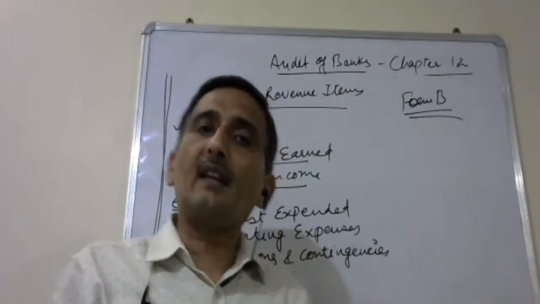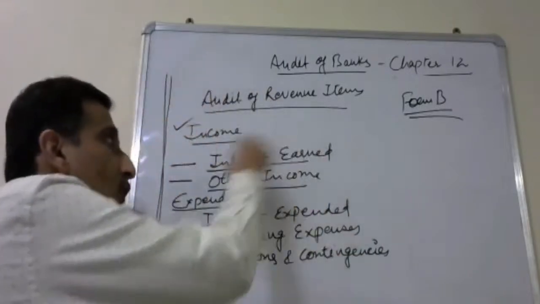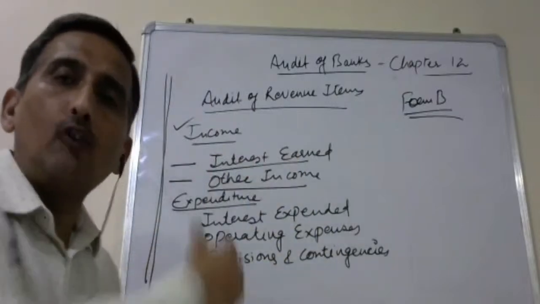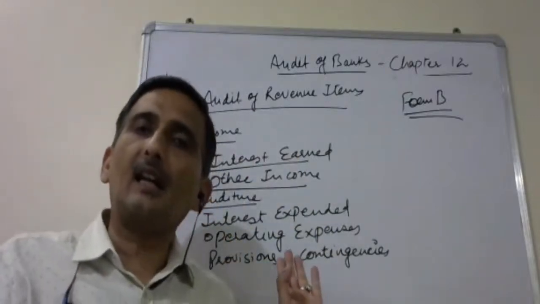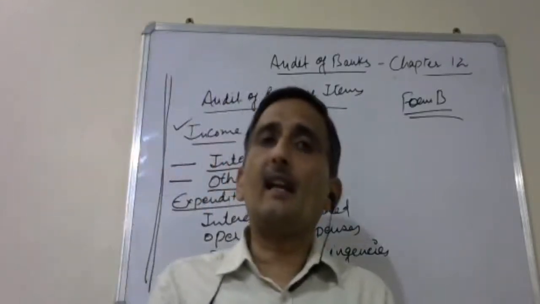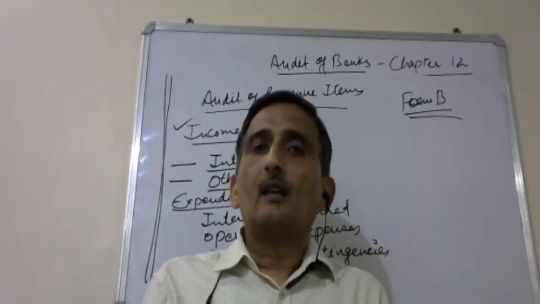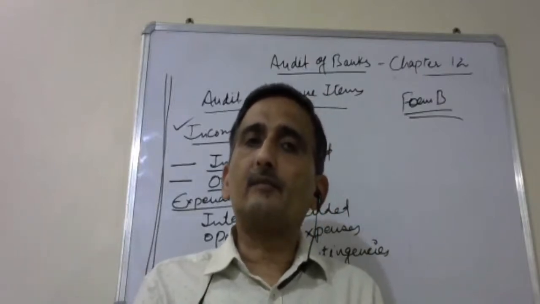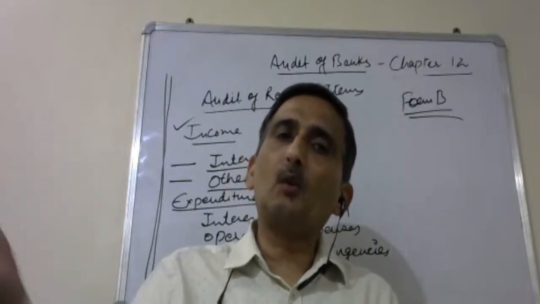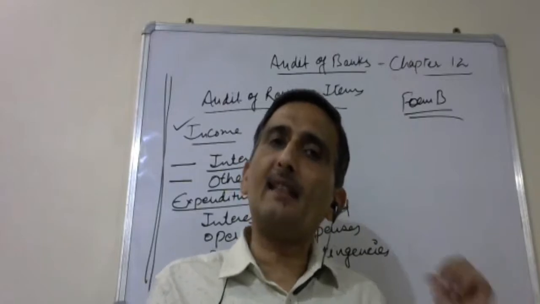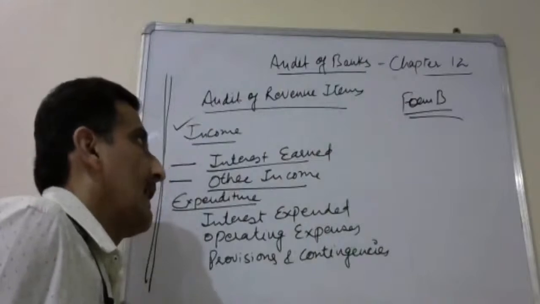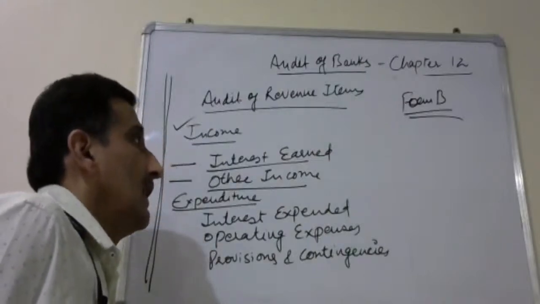If the nature of income is interest earned, it would be credited under this head, it would be shown under interest earned. Similarly, if the bank is earning interest from money given to other banks or from RBI, then it would also fall under the head interest earned.